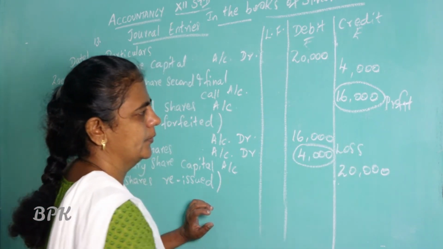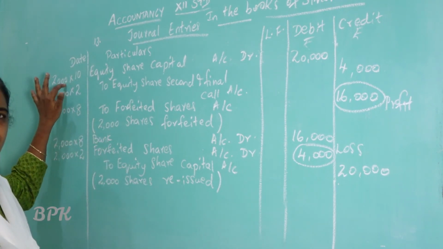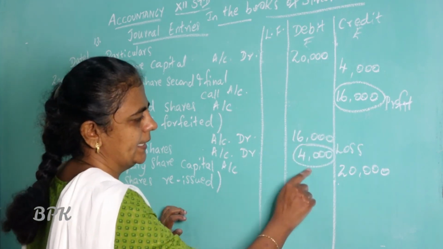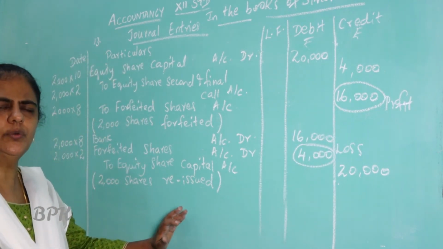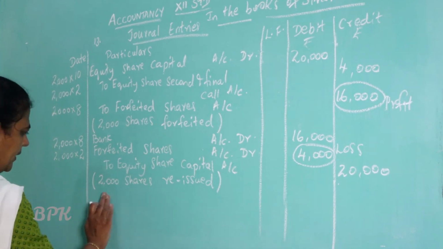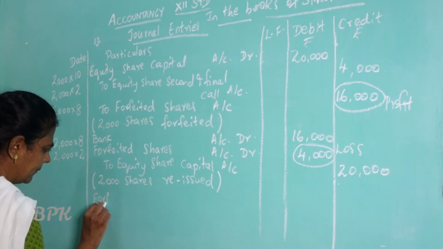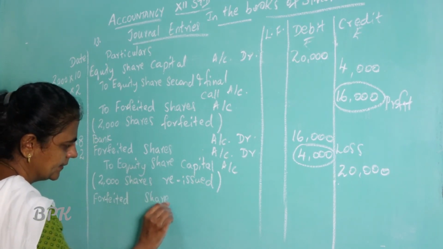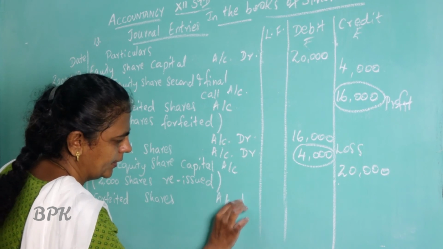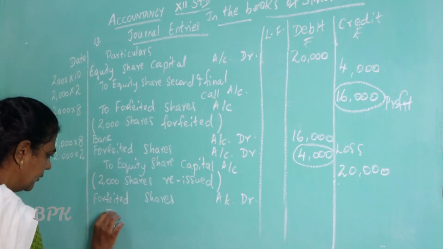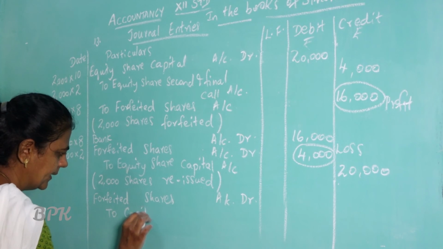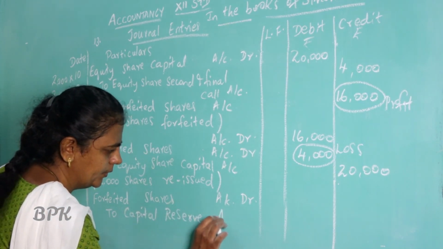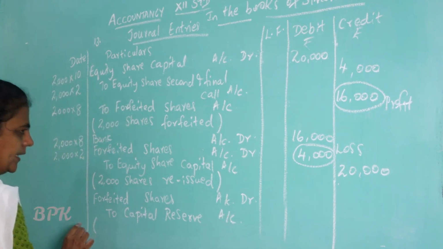Here also 2,000 shares forfeited, here also 2,000 shares reissued. So this minus this, that will go to capital reserve account. So forfeited shares account debit to capital reserve account.